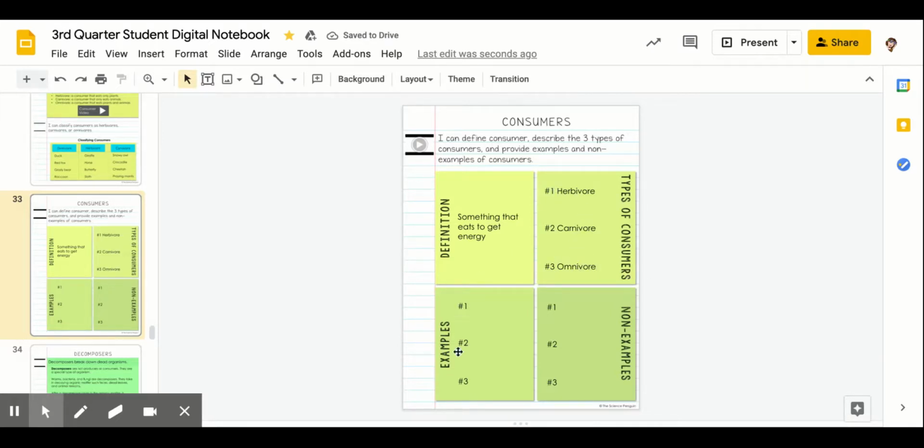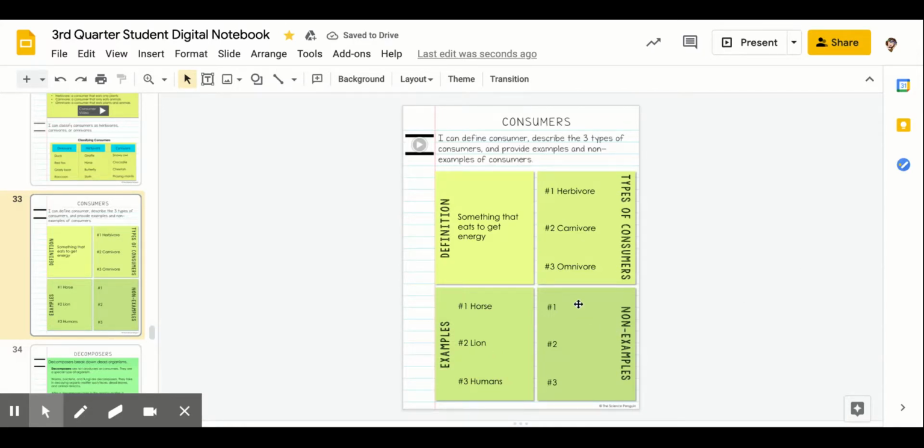An example of an herbivore would be a horse, right? Horses do not eat meat, they only eat plants. An example of a carnivore would be a lion. An example of an omnivore could be humans. We eat both plants and animals.